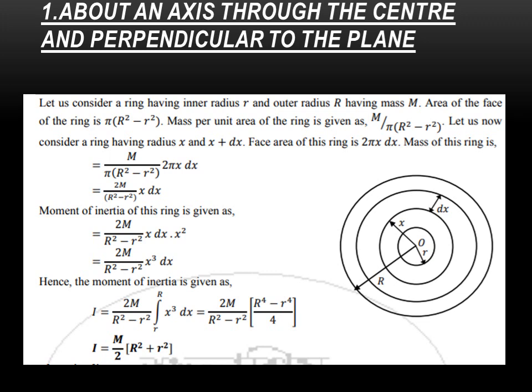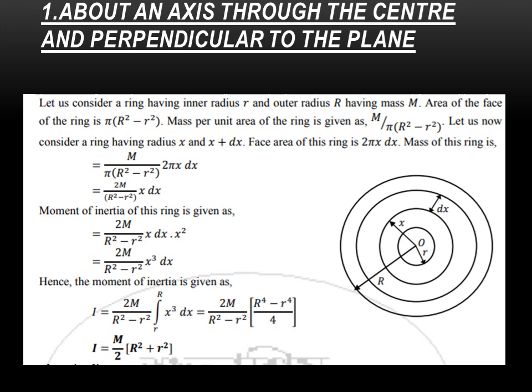Now again you calculate the moment of inertia, mass into radius square. The moment of inertia of this ring is given by 2M divided by R square minus r square, x dx, into the radius square, that is x square. Again, the procedure is the same. You just integrate this to get the total moment of inertia of the ring, between the limits small r to capital R.